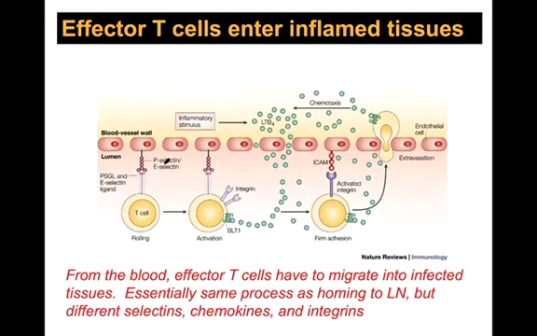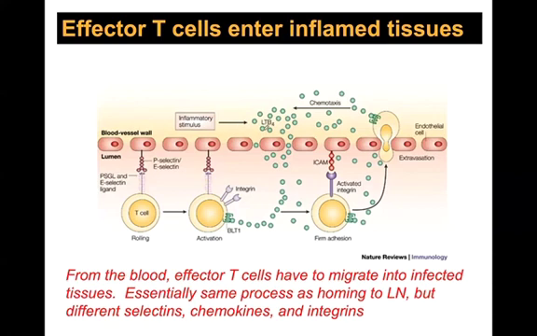Now the problem is they're in the blood. How do they know where to go? They've gotten to the blood, but let's say the infection is in your big toe. How do they know to only go out of the blood into your tissues in the big toe? And the answer is the same process of following chemokines.